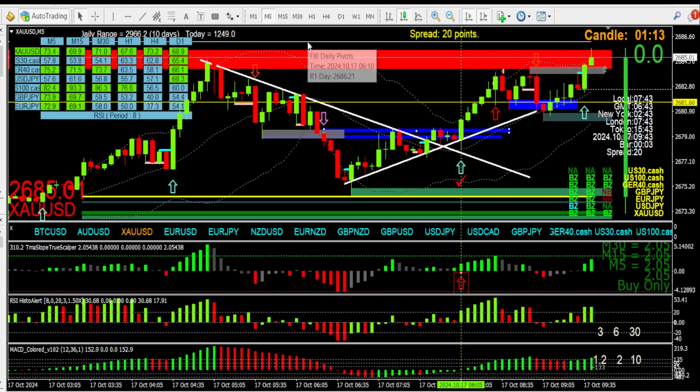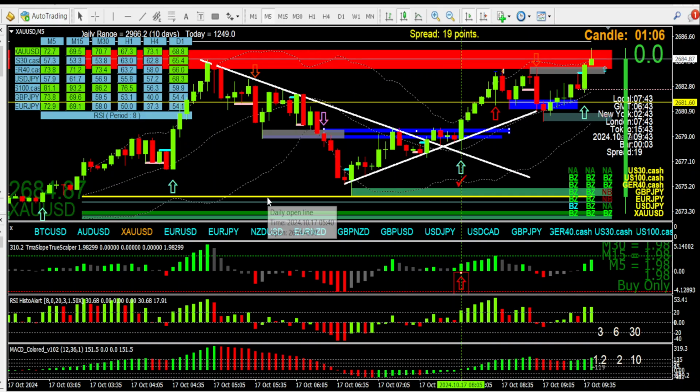Or if you're taking a long, just go for the lowest pivot level, and if you're taking a short to that daily open, take the highest daily open level in this instance. There's so many things that I take for granted with what I do, that I can't explain all the time.